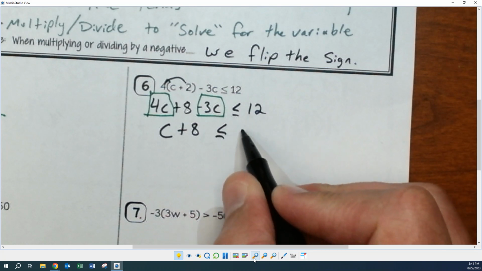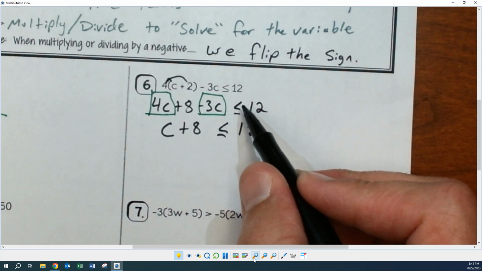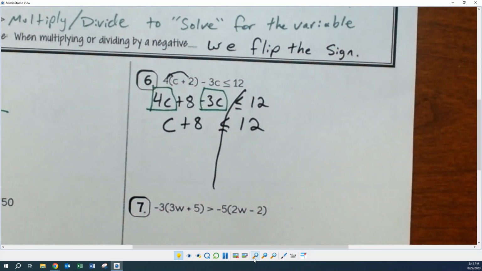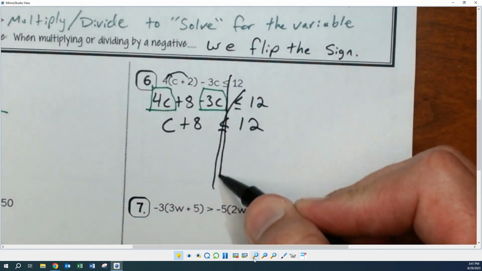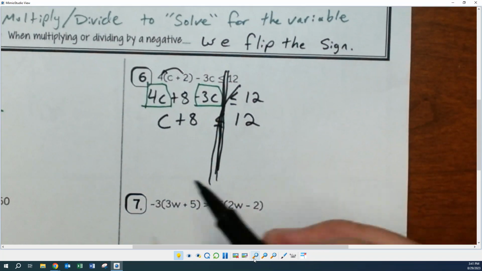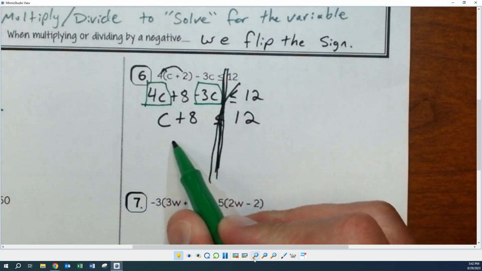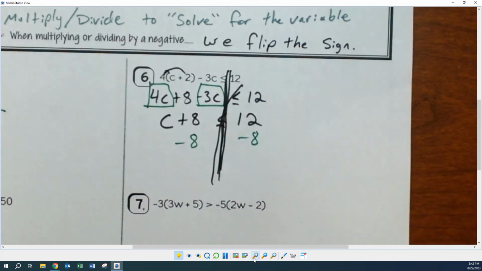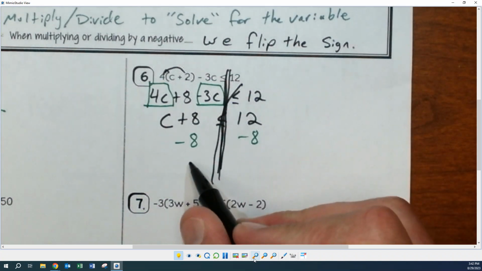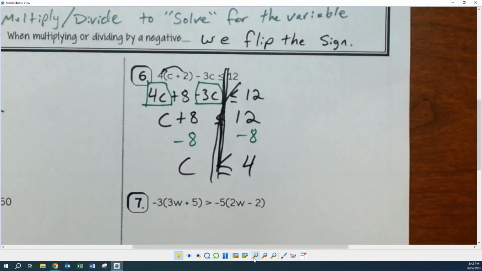It is all still less than or equal to 12. For the sake of solving inequalities, you can treat it just like you're balancing equations. Whatever happens on one side happens on the other side. Instead of adding 8, I need to subtract 8. So c is less than or equal to 12 minus 8, which is 4.